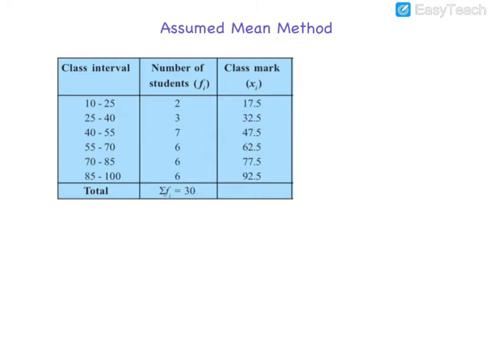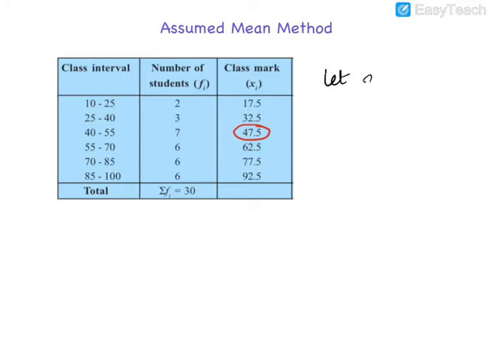This number can be the middlemost number. Notice that there are 6 values of xi over here. So you can choose 47.5 or you can choose 62.5. So let's choose 47.5 as the assumed mean.